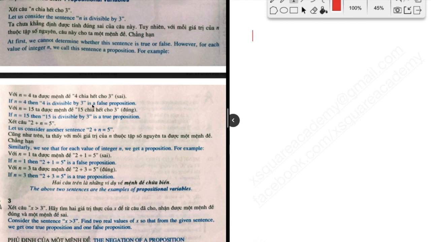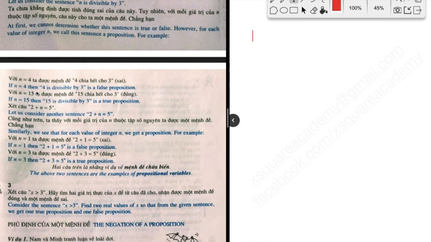For example, if n equals 4, then 4 is divisible by 3 is a false proposition. If n is equal to 15, then 15 is divisible by 3, and it's a true proposition.